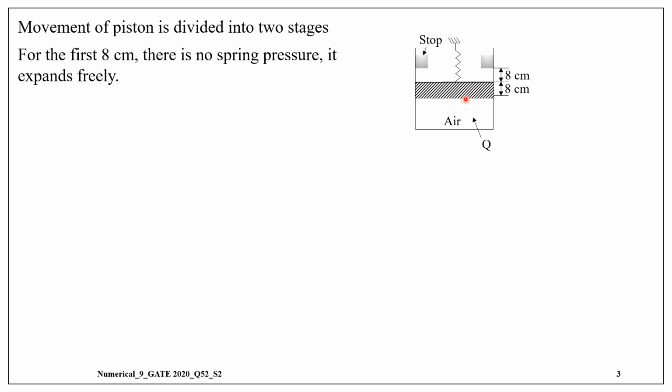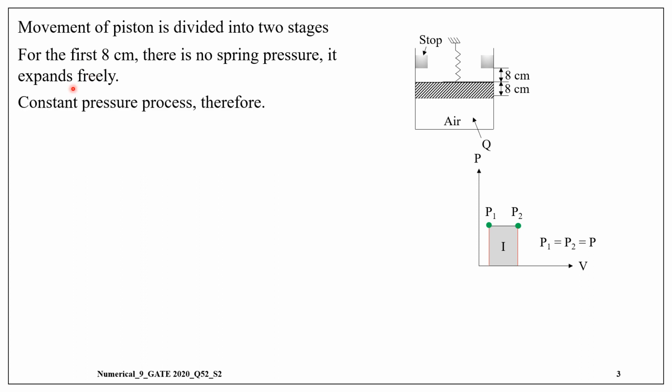The plot in PV diagram for the movement in the first stage is given like this. P1 is equal to P2, which is equal to P. The pressure is constant because of free expansion. And hence it is a constant pressure process.